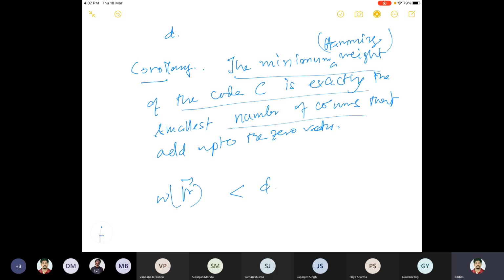So we can detect all these errors or error patterns whose Hamming weight is less than the value D, or I can say the d-min of the code C.